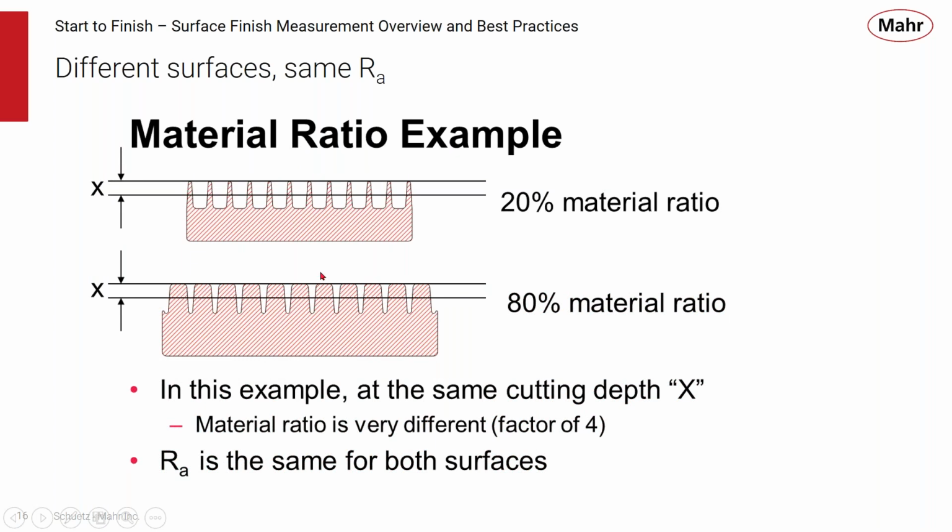So, you can see that if you had these spiked or peaked surfaces and that more rounded one, the bearing area on the peaked surface is very small compared to the surface here. And by using a material ratio example, you can start cutting down on the surface, or say I want to take 20% off that surface, it can calculate for you how much bearing area is available, and you can do the same thing for this surface here with the more rounded area.